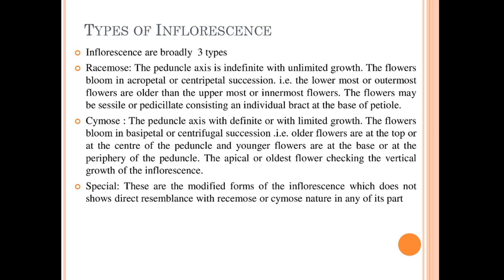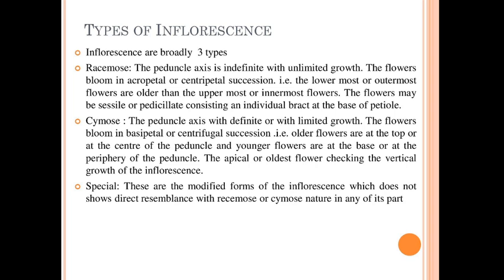Now we have the types of inflorescence. Basically, you have three different types of inflorescence. You have the racemose type of inflorescence, cymose type of inflorescence, and the special type of inflorescence. Starting from the first one, that is the racemose type of inflorescence, where you have the peduncle or the axis having indefinite or unlimited growth.